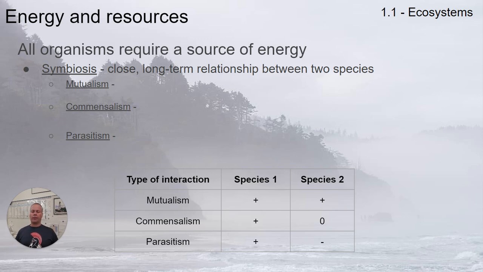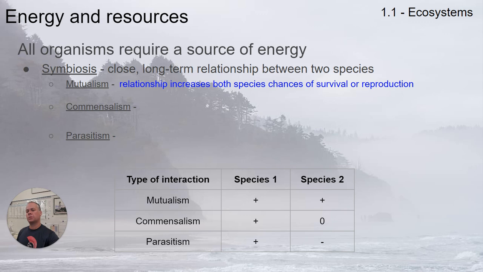We also know that within ecosystems, there are various types of relationships that exist. And one type is a very close relationship in which organisms live long-term very closely with one another. We call these types of relationships symbiosis. And there are different types of symbiotic relationships.